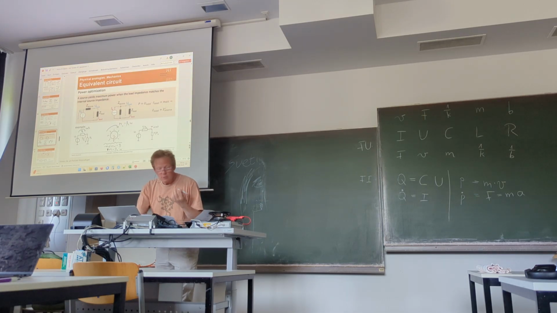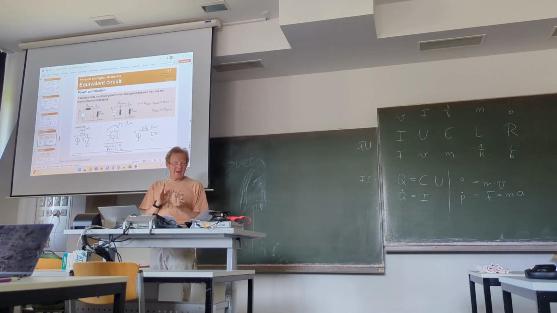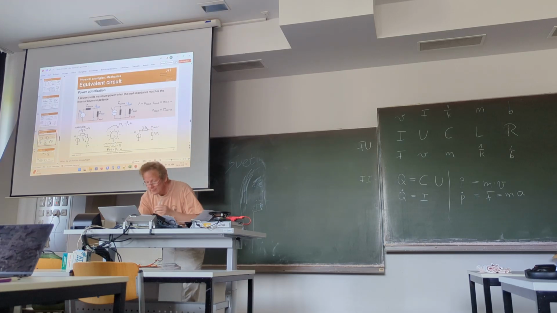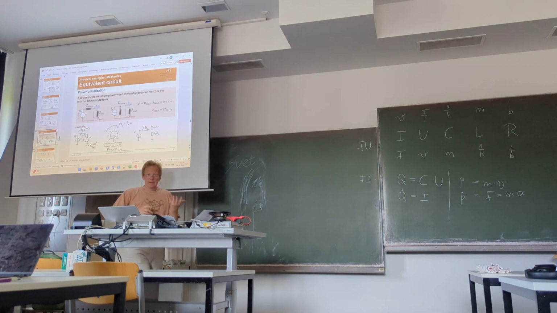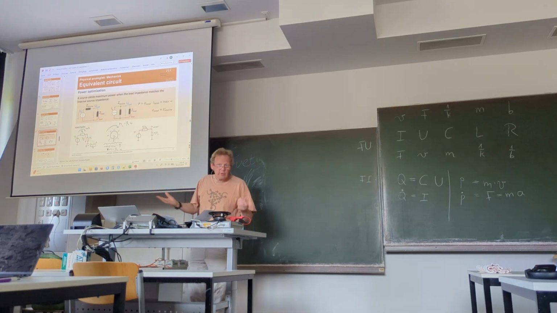And that means, okay, we do have an external power, a load power, which is voltage squared divided by R. So we have a U by 2, don't forget that, squared and divided by R. But internally, we have the same power, and that power is lost.